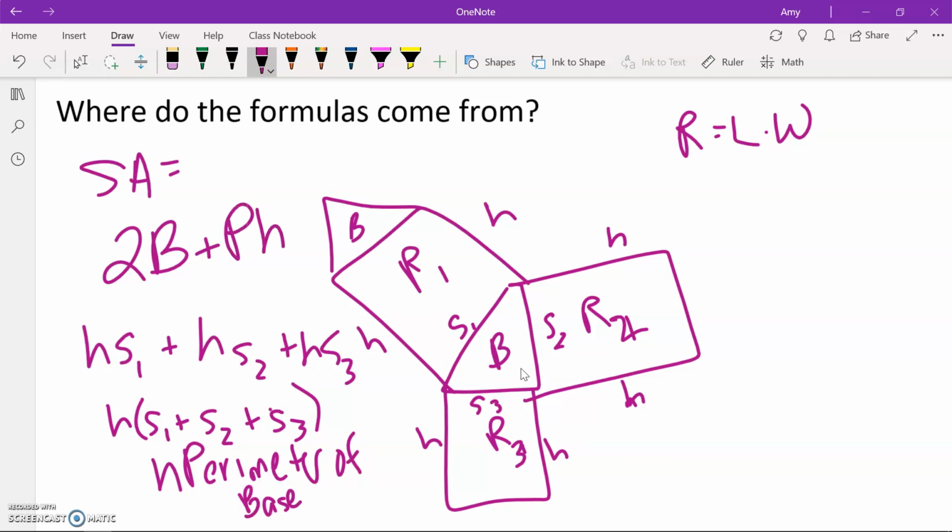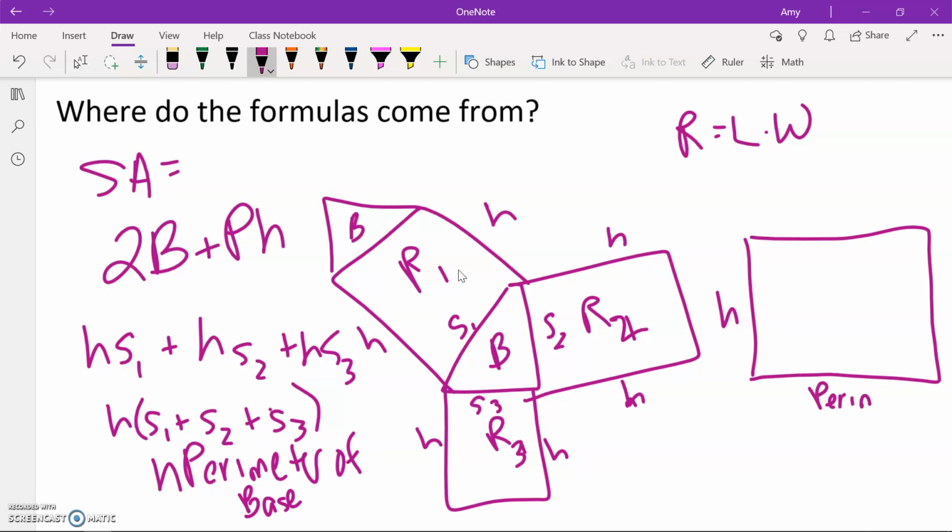So our surface area formula is actually 2B plus PH. So what we're doing is we're taking those three rectangles, or however many lateral faces you have, and turning them into one big rectangle, where your width is the height, and then your length is actually going to be the perimeter of the base. And so that's where our formula for surface area comes from.